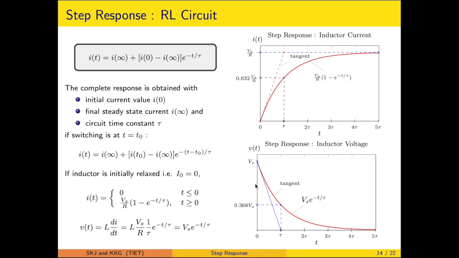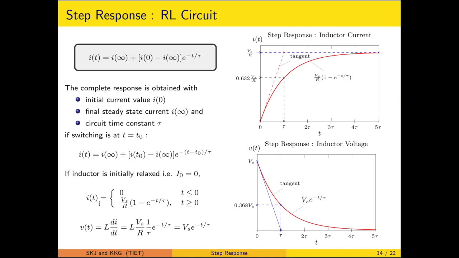You can also define it in terms of tangents. If the current continued to increase with the initial rate of increase, then the final steady state value would be achieved in time t is equal to tau.